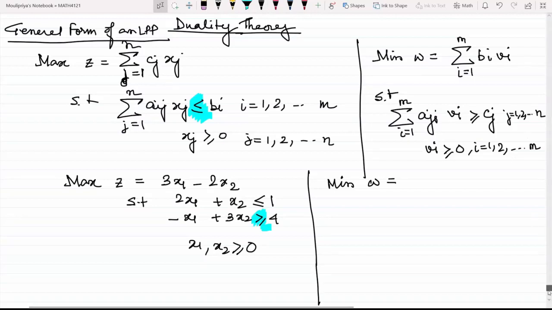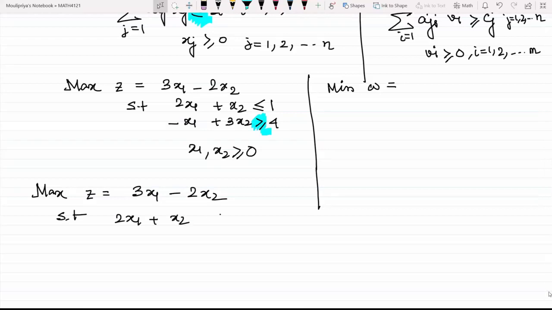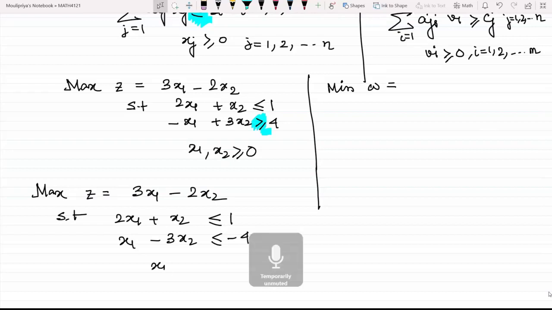Can you tell me how that can be done? That can be done if I rewrite the problem as max z equal to 3x1 minus 2x2 subject to 2x1 plus x2 less than or equal to 1, x1 minus 3x2 less than or equal to minus 4. Can I write it like this?